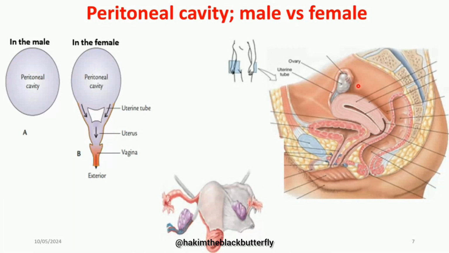Okay, that's why we are saying that the peritoneal cavity in females is open, because of the communication with the fallopian tubes or the uterine tubes. And that means what? What's the clinical aspect that may be related to this? Anyone who can tell us?